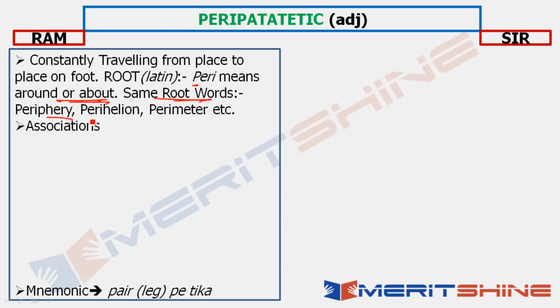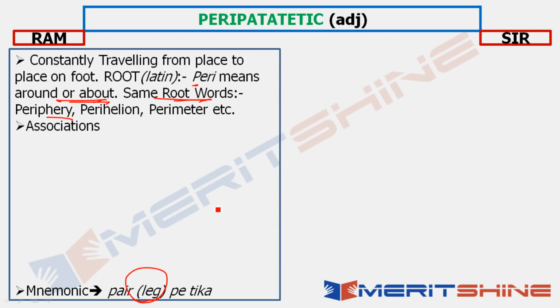So what is periphery? Circumference, perimeter, outer boundary. Perihelion is the point in the orbit of a planet or comet nearest to the sun, right? So the mnemonic here would be: in peripatetic, you see petic, like leg, on legs.